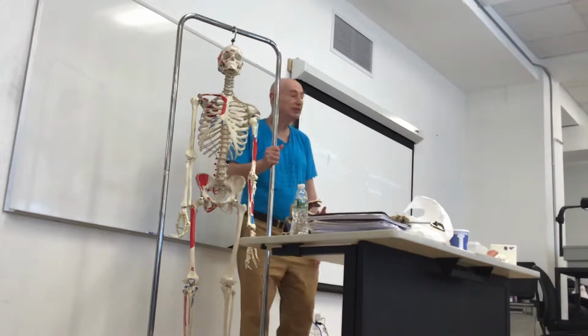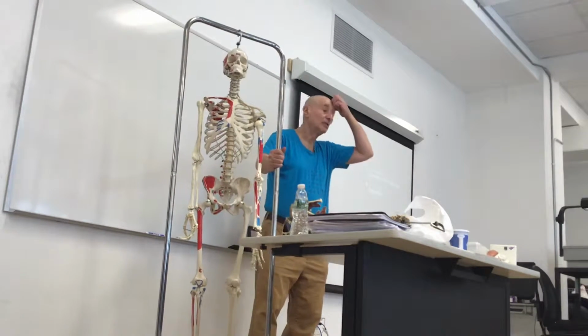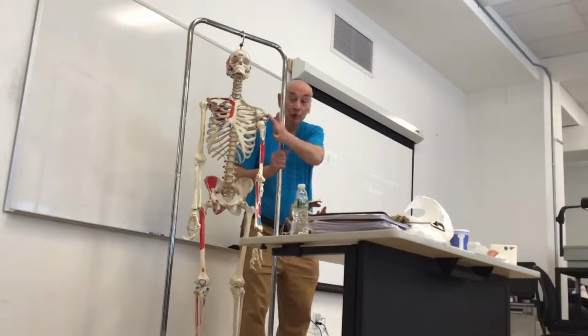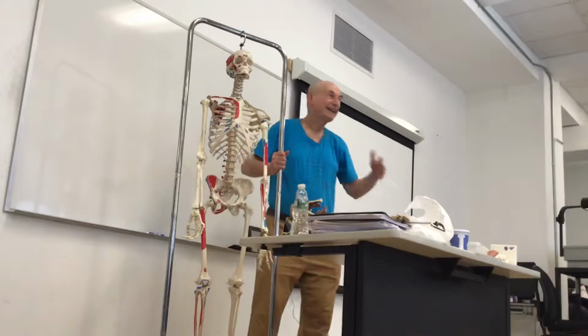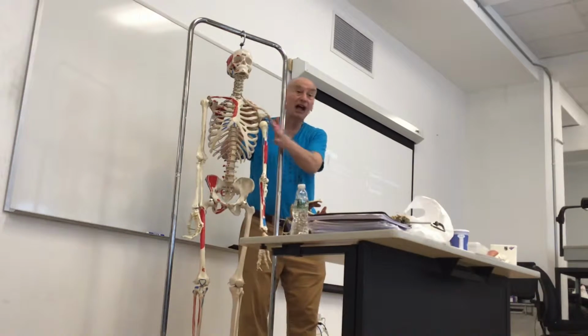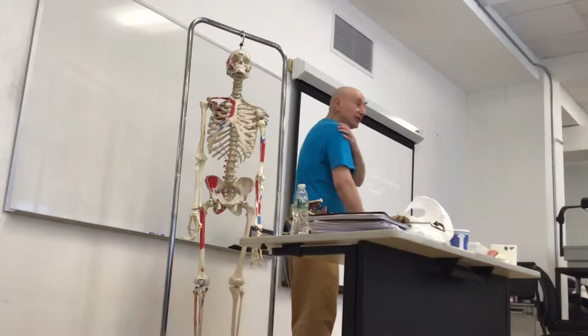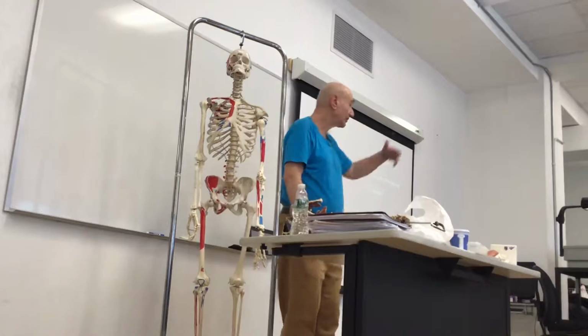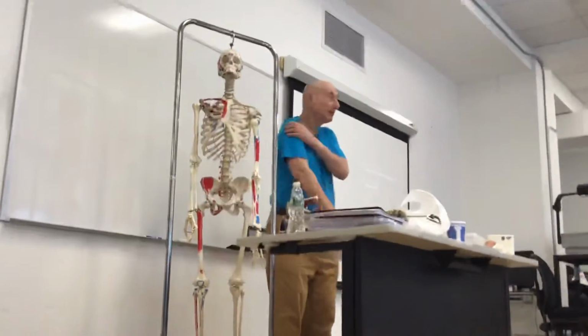So if they say which feature of the scapula is articular only, it's the glenoid fossa. The acromion process, they're not going to ask this directly, but it is muscle attachment on one side. That's the side you can easily palpate. Don't worry about names of any muscle, that's the next course, but it is the deltoid muscle.